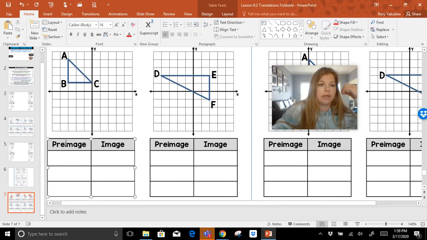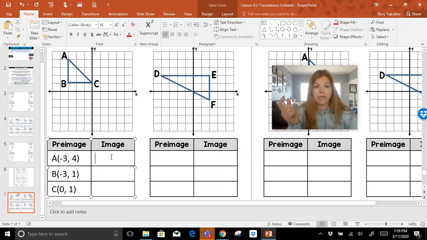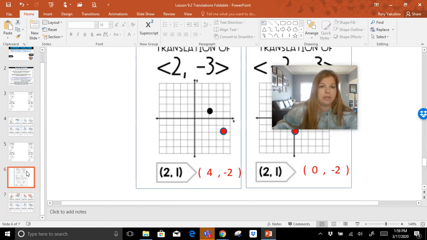Okay, so here I have my pre-image A at -3, 4. My B is at -3, 1. My C is at 0, 1. We're going to undergo +2, -3. So we're going to go to the right 2 and then down 3.